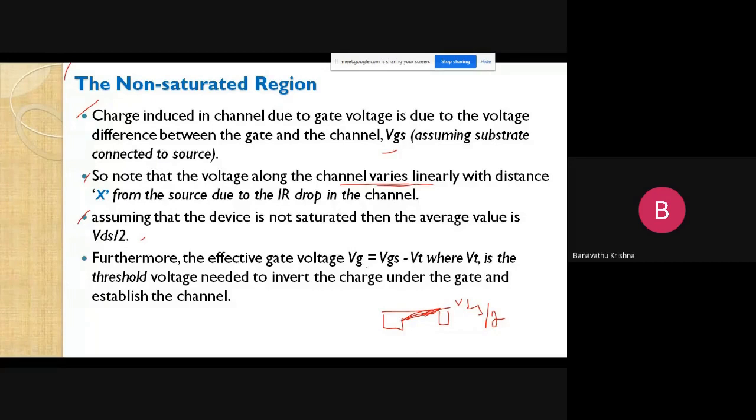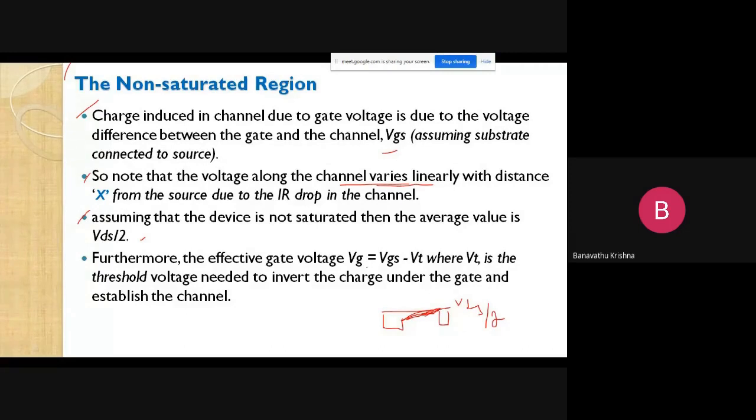So what is meant by VT here? VT is nothing but the threshold voltage. It is the minimum voltage; if your applied voltage exceeds that level, then the device changes its conducting properties, right? So the applied gate voltage is VGS minus VT when the device is in the non-saturated region.